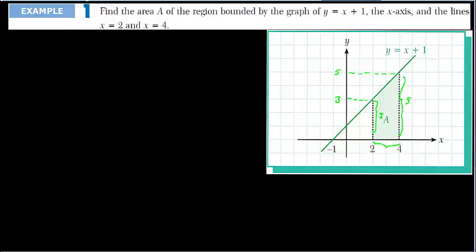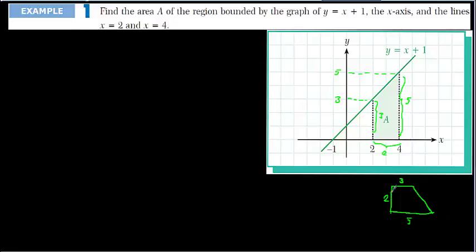From 2 to 4, we have 2 units. If I draw the right trapezoid here, the upper base is 3, the lower base is equal to 5, and the height is equal to 2.